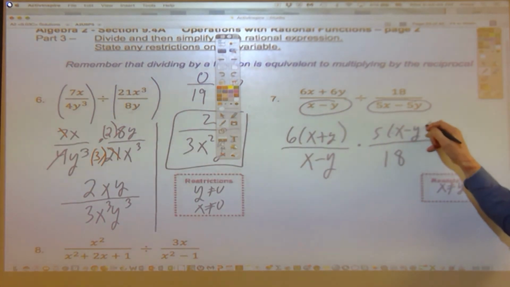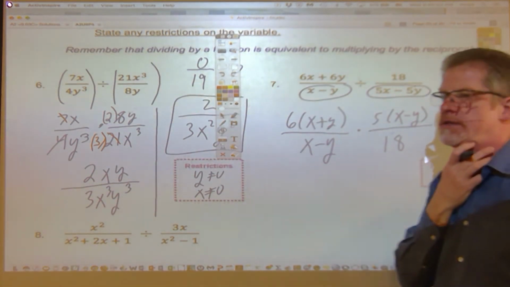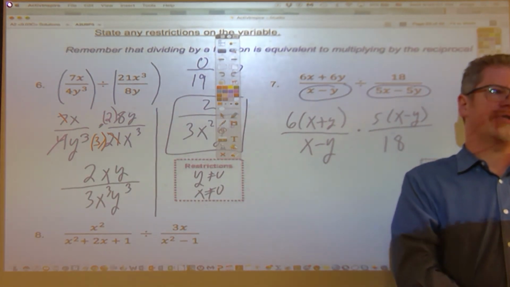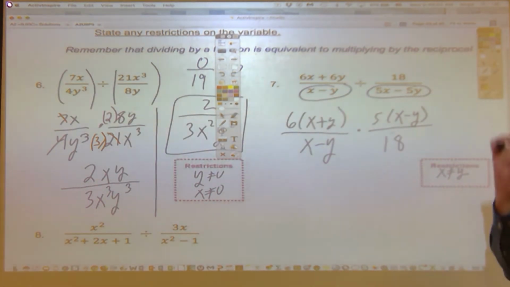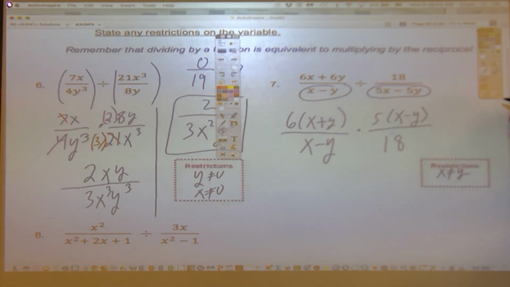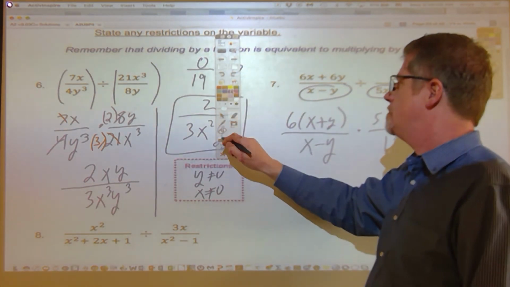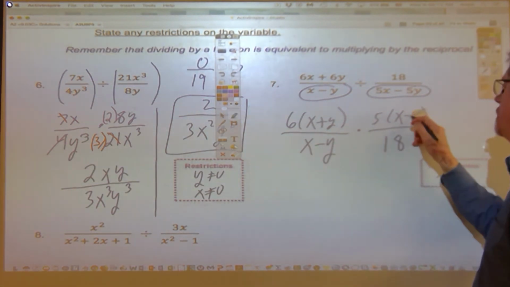Factoring and flipping has happened in one fell swoop. Any questions on how to dovetail your factoring with your flipping? Okay. See if you can beat me to it, finish the problem before I do.